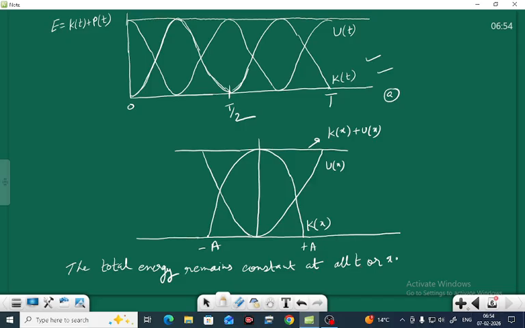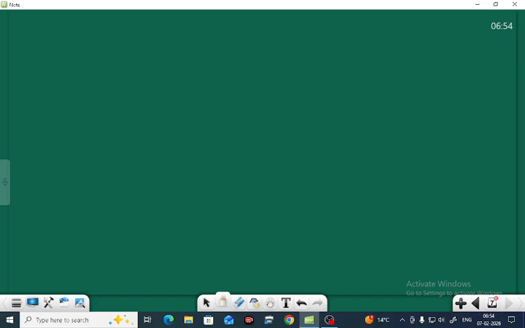So what we observe here is that both kinetic energy and potential energy in SHM, simple harmonic motion, are seen to be always positive.